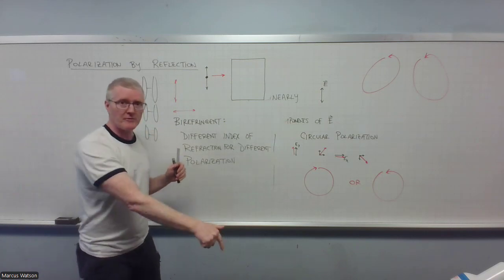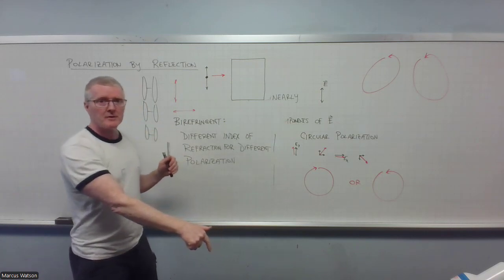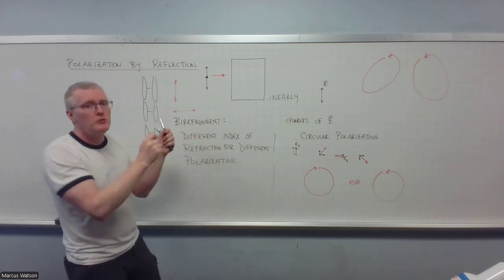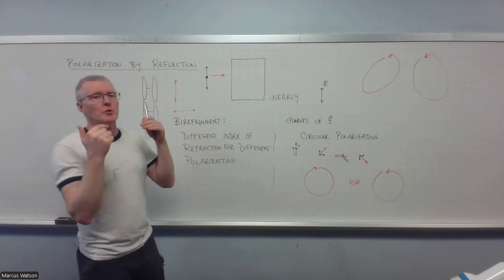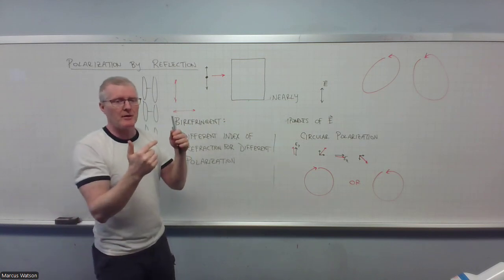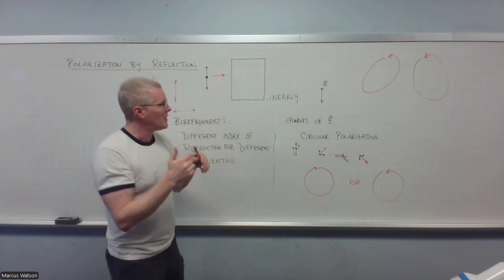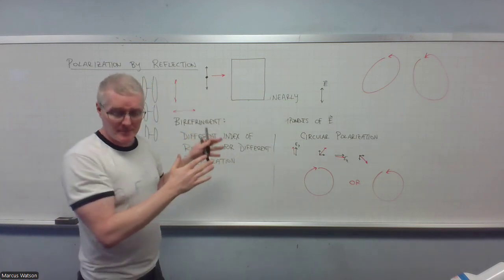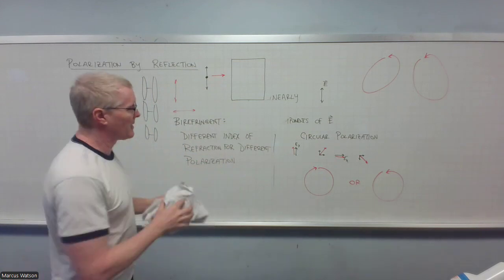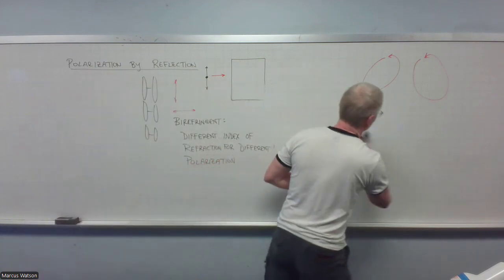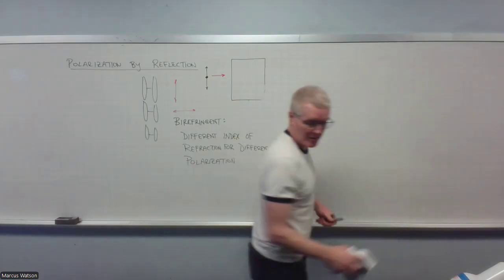It will probably refract into the material, but it won't reflect very easily because the charges aren't moving in a way to regenerate the electromagnetic reflected wave. So it comes about because of the structure of the material that we're talking about.